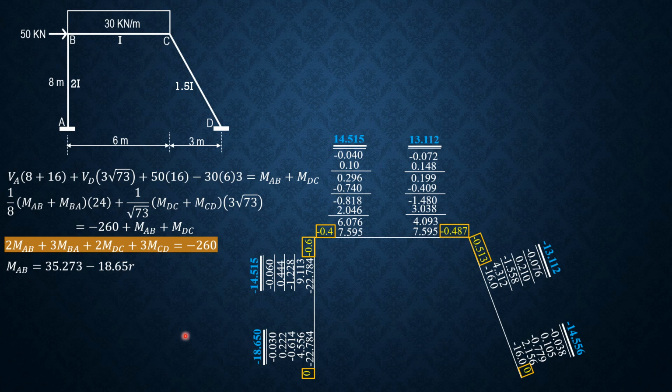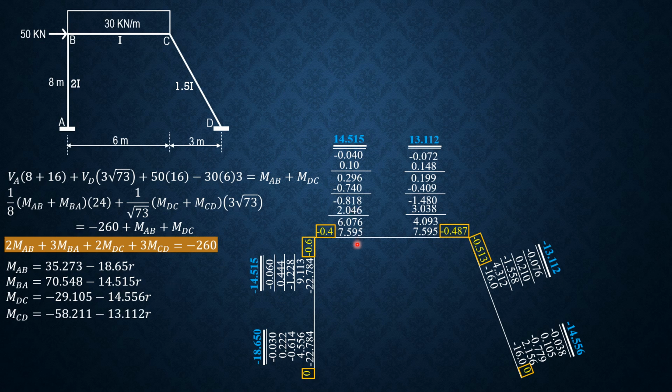Therefore, moment AB is first phase plus second phase times R. So moment AB is first phase 35.273 minus 18.65 R. Moment BA is 70.548 minus 14.515 R.